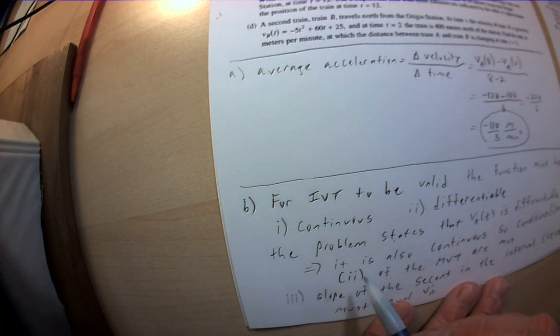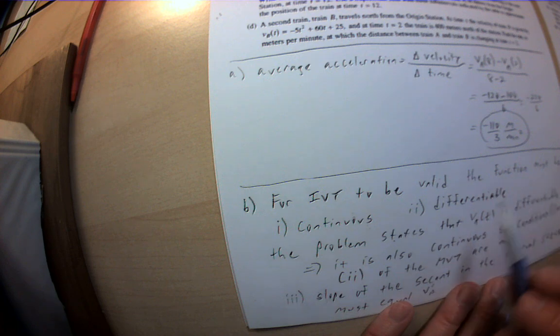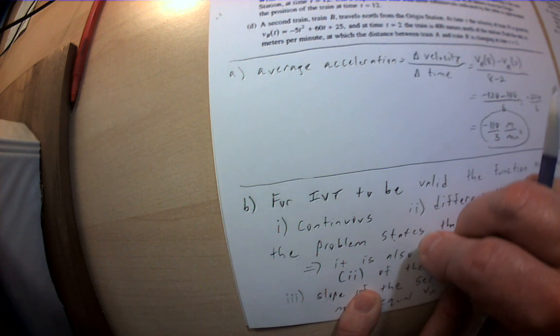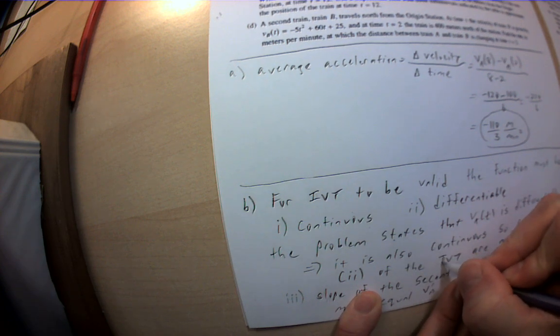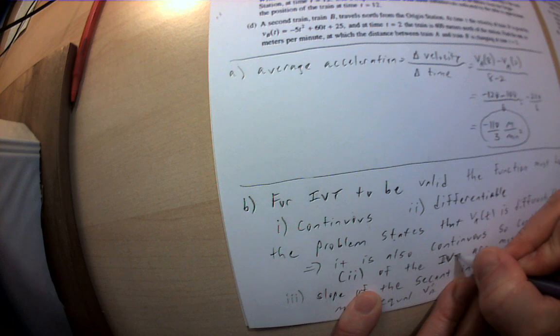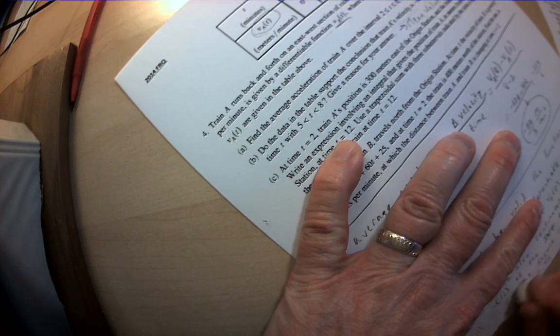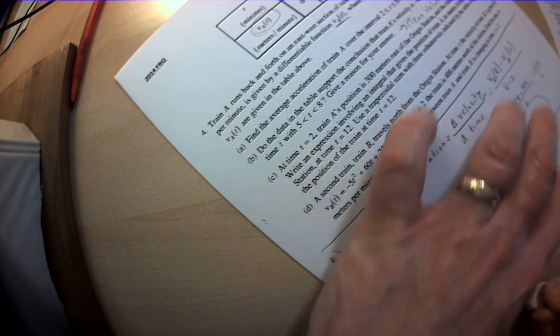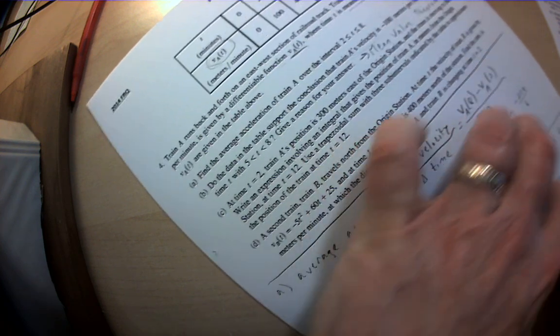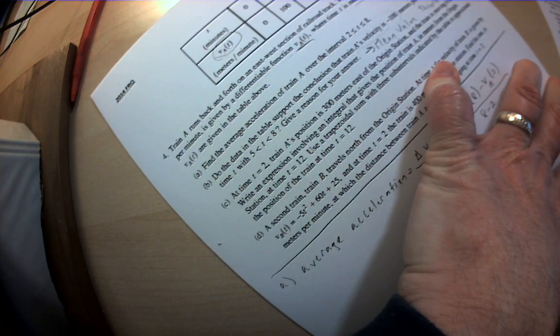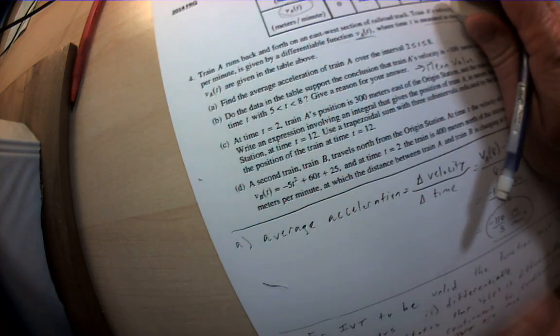So for IVT to be valid, it must be continuous and differentiable. So this is right. It is continuous and differentiable. So conditions 1 and 2 of the IVT are met. Okay, and then the third condition, it doesn't mean the slope of the secant. It just means that the value of the function has to be between those two values.